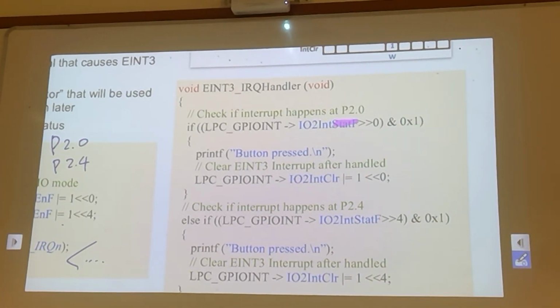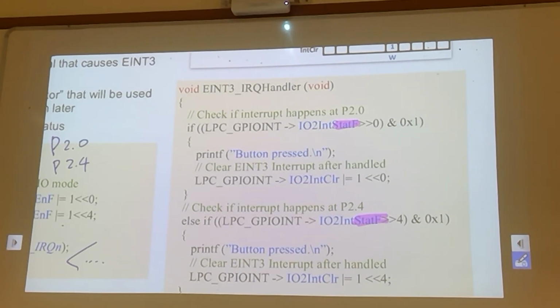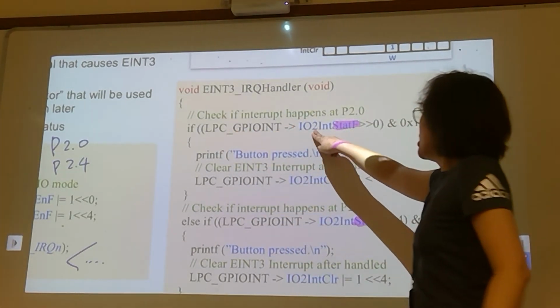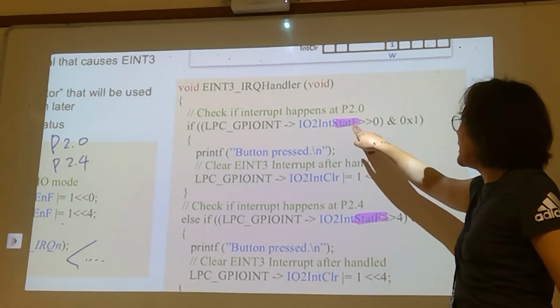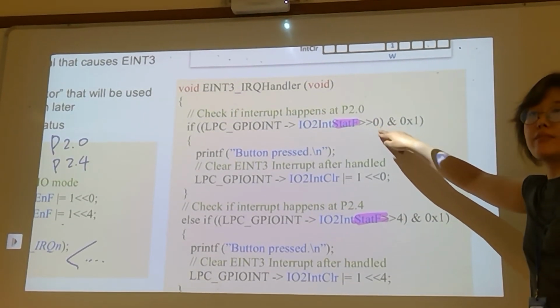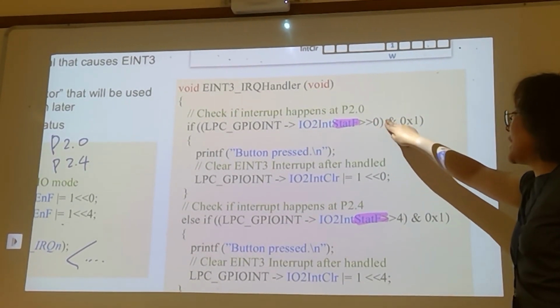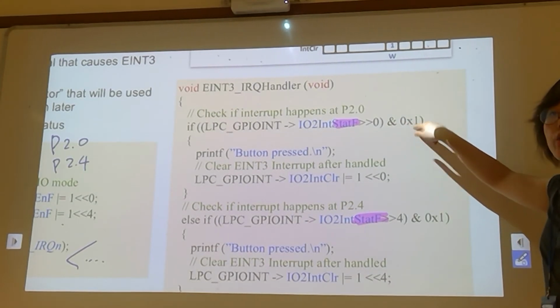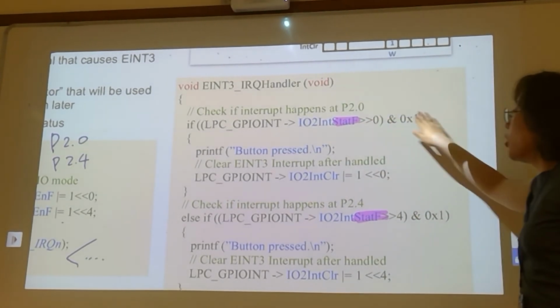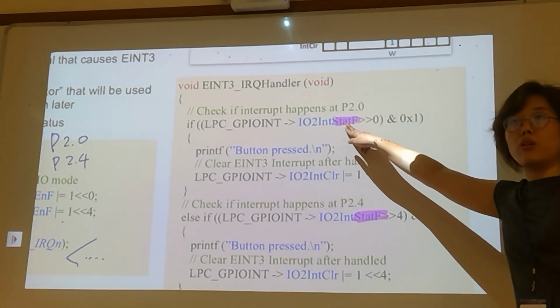Remember, these are read-only registers telling you whether the interrupt happened or not. So if IO2 interrupt status F, right shift 0 times, same as your lab, you bitwise AND with 1. You will get 1 if this bit is 1, and the whole thing is 0 if this bit is 0.